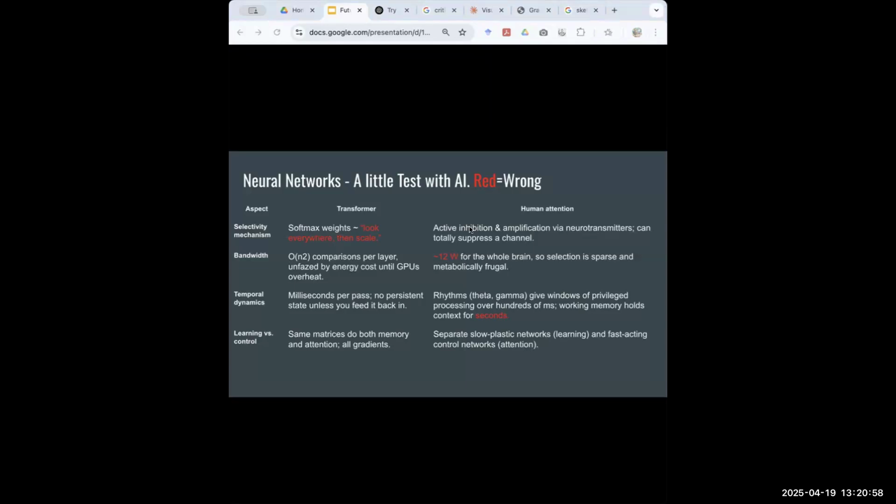If you know what softmax is, you can comment in the chat.